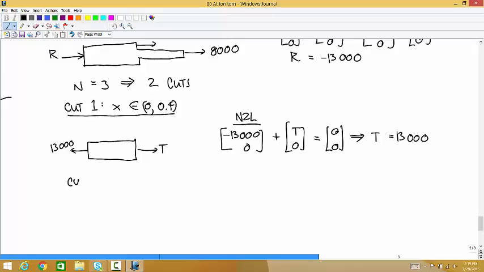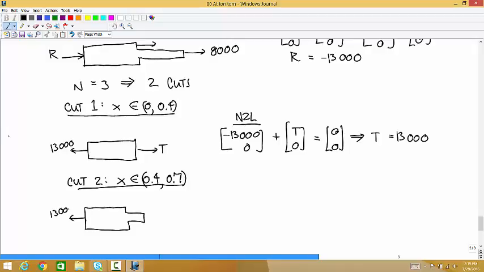And then cut 2 is valid for x values between 0.4 and 0.7. On this piece, we have the 13,000 Newton force going to the left. We have the 5,000 Newton force going to the right.